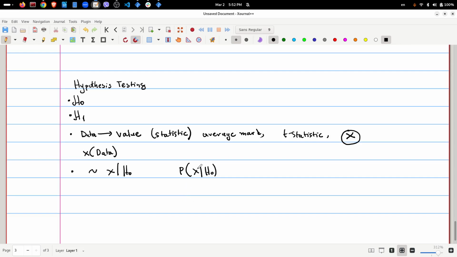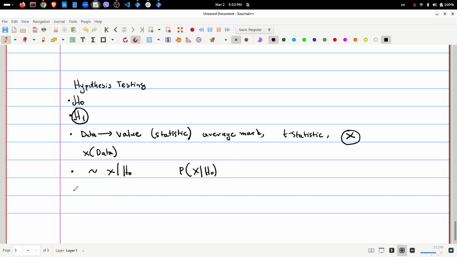We have the density distribution of x under the null hypothesis, and then depending on what the H1 is, we compute the tail of this distribution accordingly.